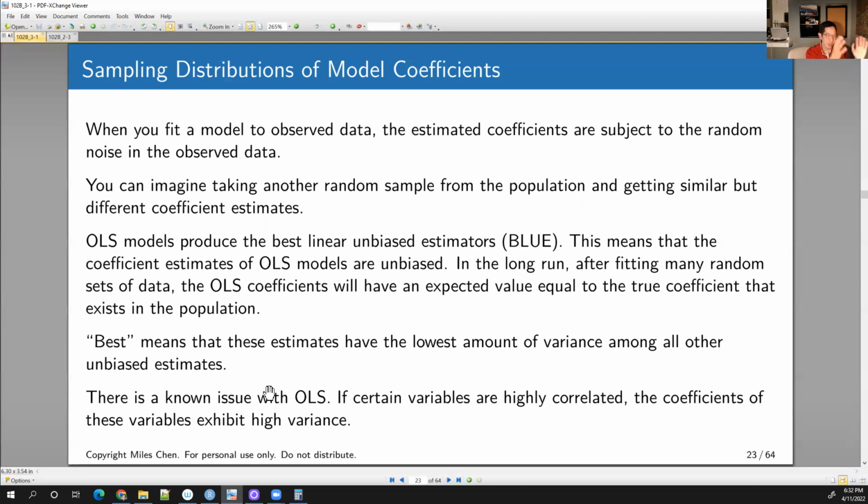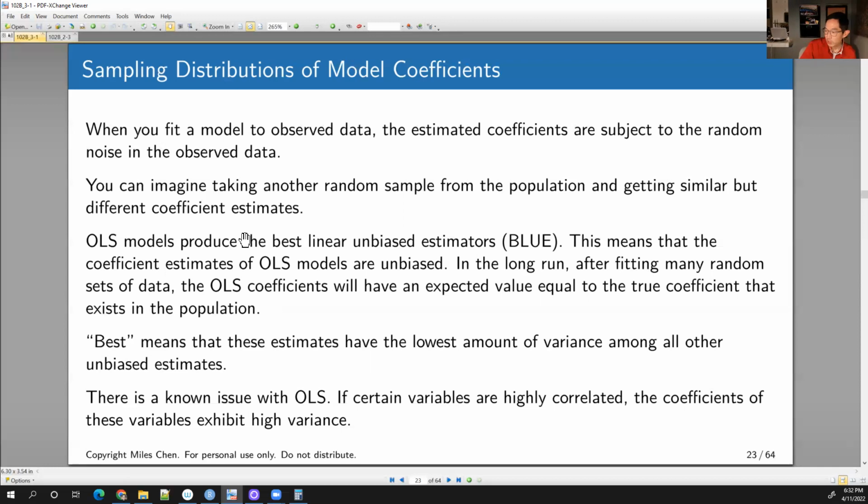Anytime somebody takes a random sample of data, there's randomness there. Someone else could grab another random sample and their values will also be slightly different. And if both of you fit OLS models, this person's coefficients will be different from the other person's coefficients, right?